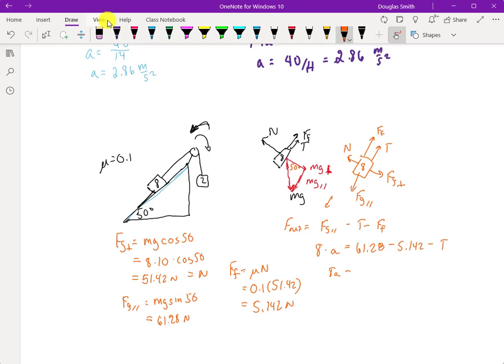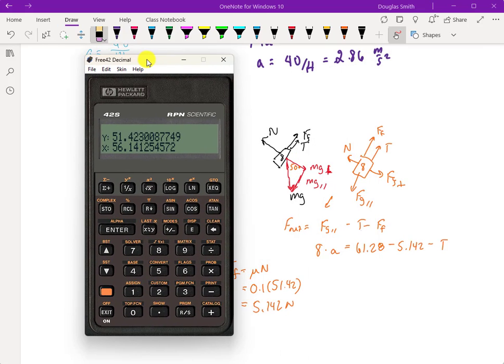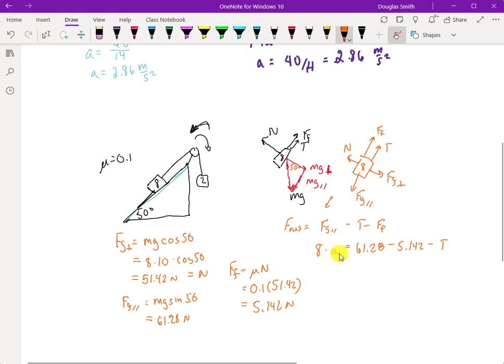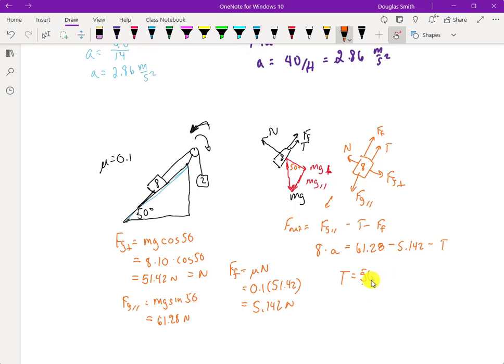No, sorry. I'm going to subtract one from the other there. So 61.28 minus 5.142, that's 56.14. So I'm going to move T to the left side. So T is equal to 56.14 minus 8a. Okay, so that's one equation.